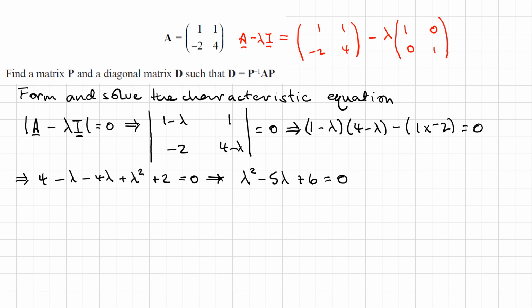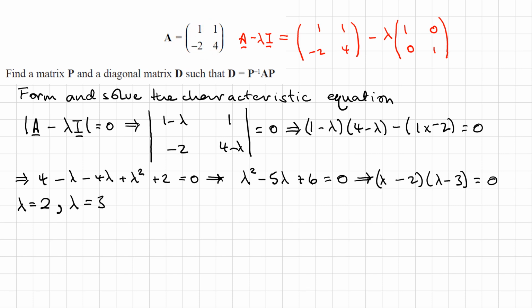That's an easy enough quadratic to solve, because that would factorize to give me lambda minus 2 and lambda minus 3. So my two values of lambda are 2 and lambda equals 3. These are the eigenvalues of the matrix A.